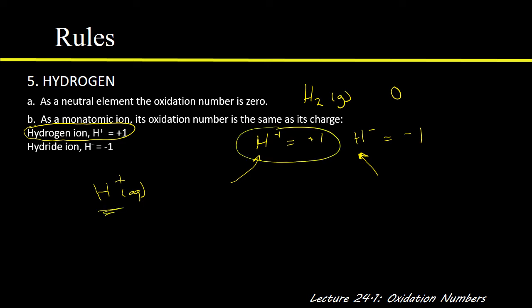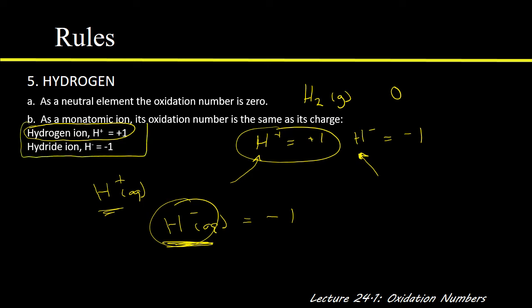If you had hydride like that, then of course that would be -1. Hydride generally is not stable in solution. Usually you'll see hydrides as part of a solid compound rather than floating around by itself. But in any case, the main point is there are two different ionic forms of hydrogen: hydrogen, which is +1, and hydride, which is -1.